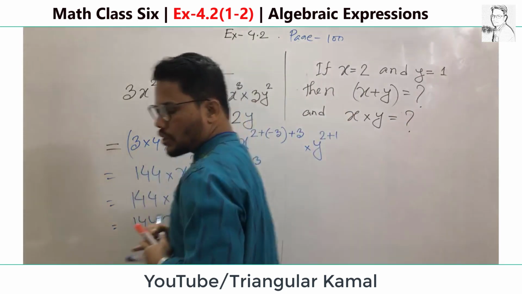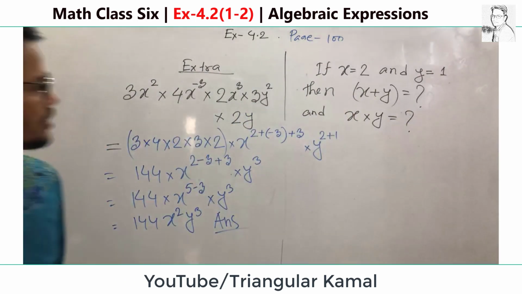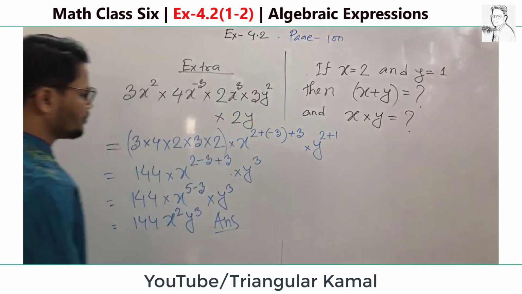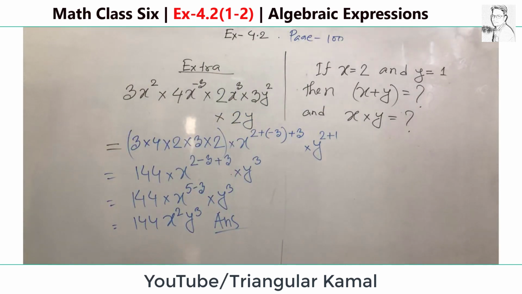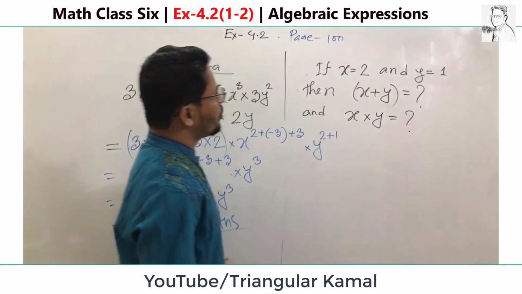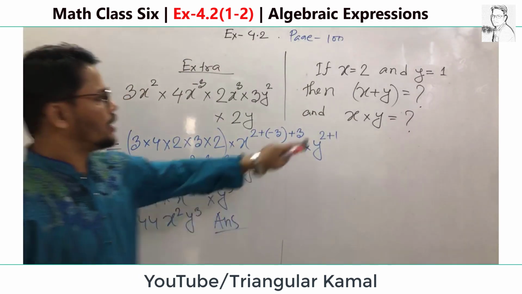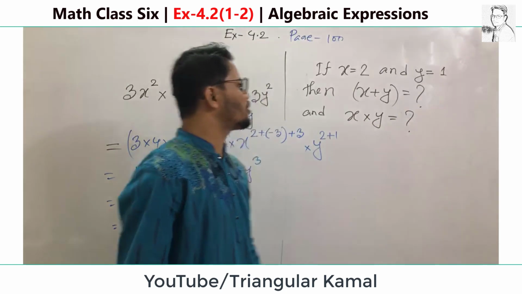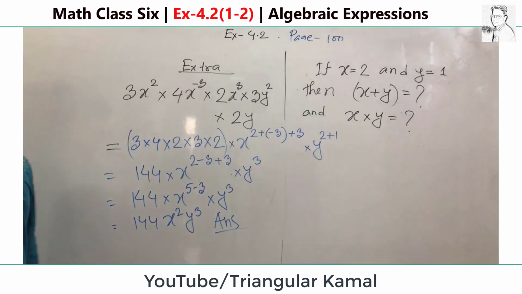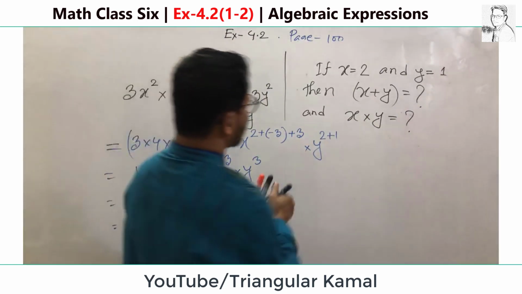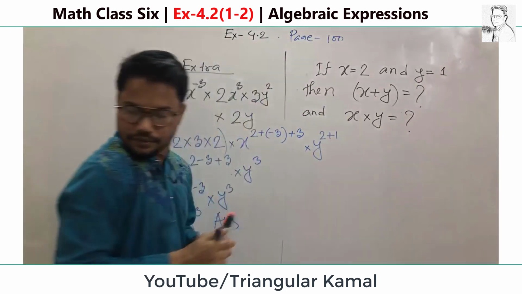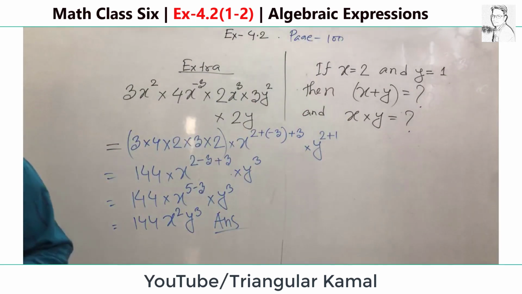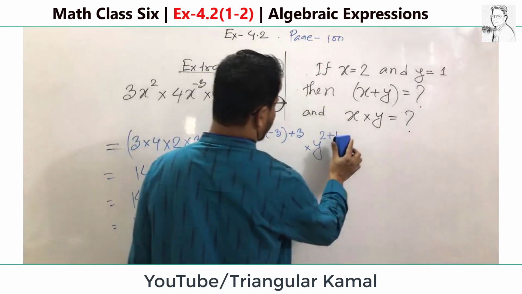Who can do these two maths, my dear students? The question is that if x equal to 2, y equal 1, then x plus y equals to what? And x multiply y equals to what? And another one, the first question. Okay, we will explain this one.